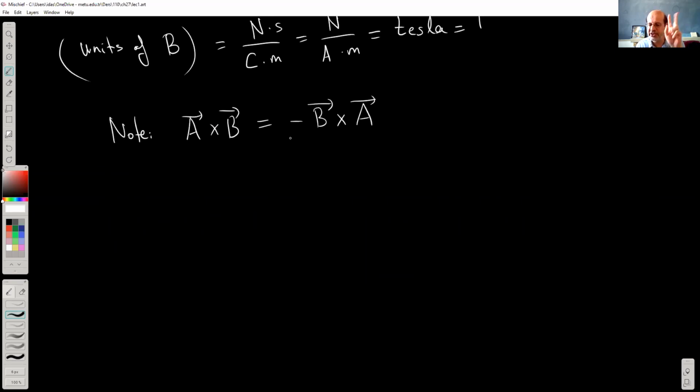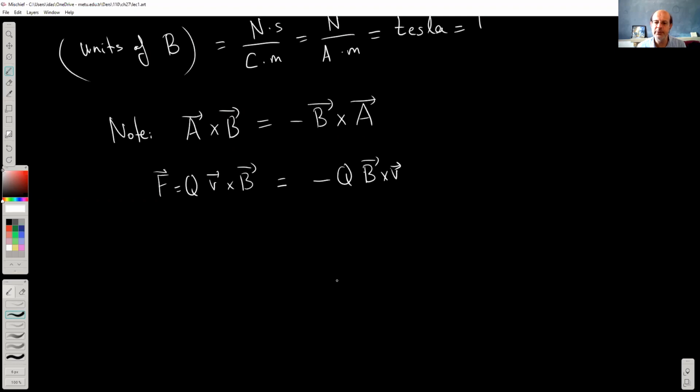So if you just change the order, then the sign is going to change. So force is basically given as the charge times velocity cross the magnetic field in that order. So it is not the same thing as B cross V, right? So as a result, try to remember this order in here and do not use the opposite order.